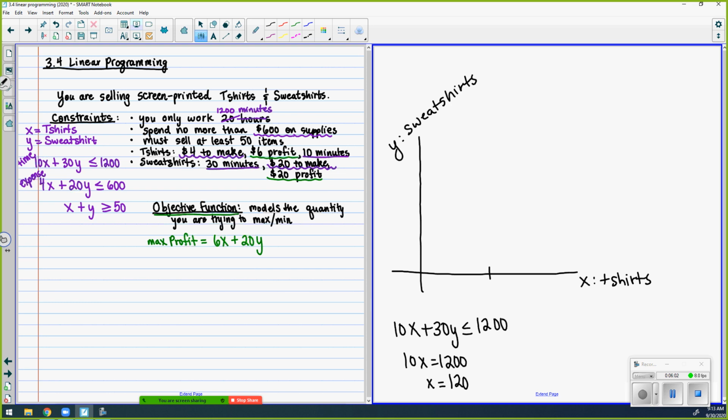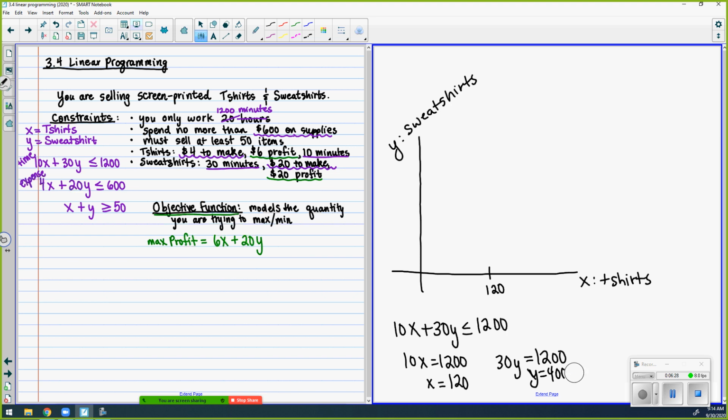I'm going to mark that maybe right about here. Then I'm going to find my y-intercept. 30y is equal to 1200, and then 1200 divided by 30 would be y is equal to 400. No, that's just 40.